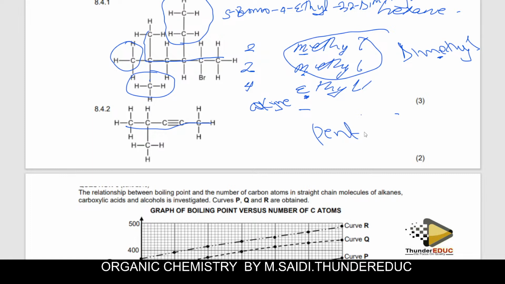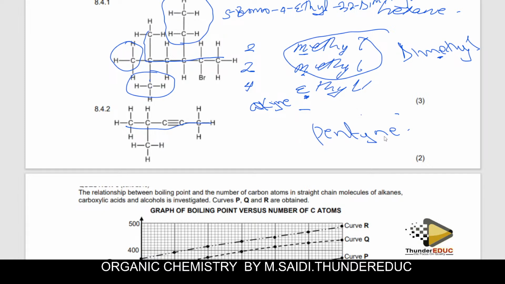Alkyne. So it means that I'm going to add yne, that alkyne. But what is the position of this? The position of this is going to be 1, 2. So coming out of number 2. Well, this one is 1, 2, 3. So coming out of number 3. So I'm going to go with 2.